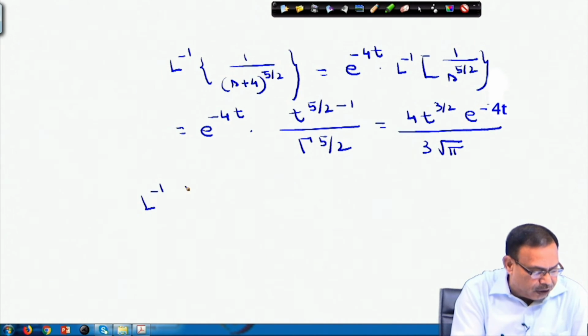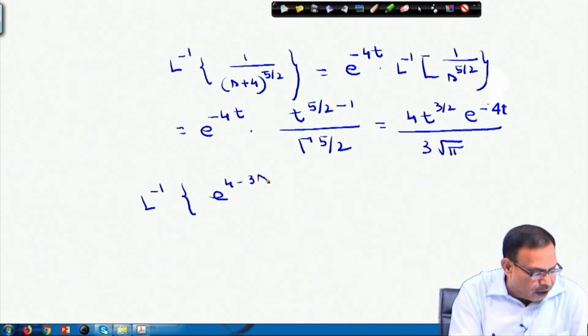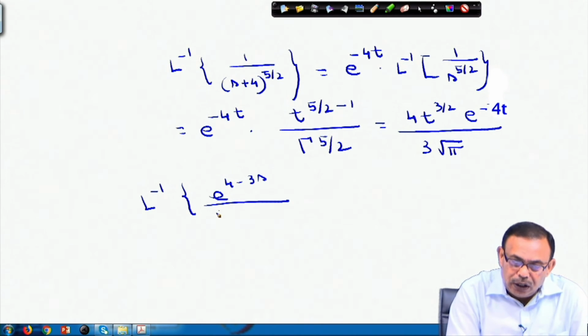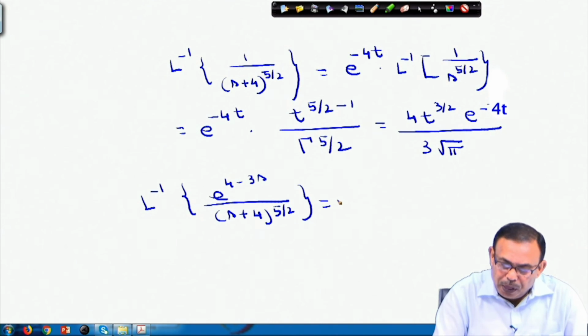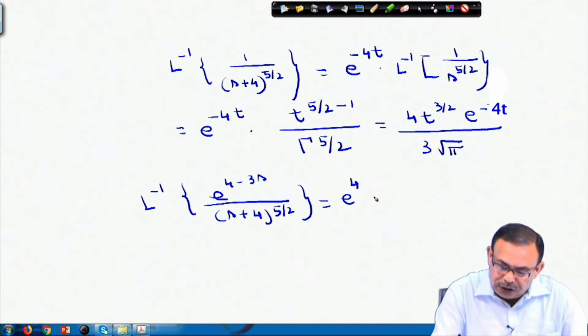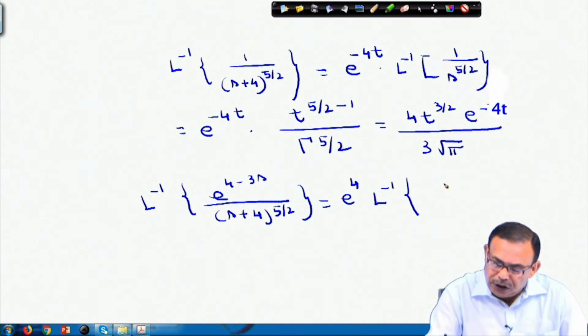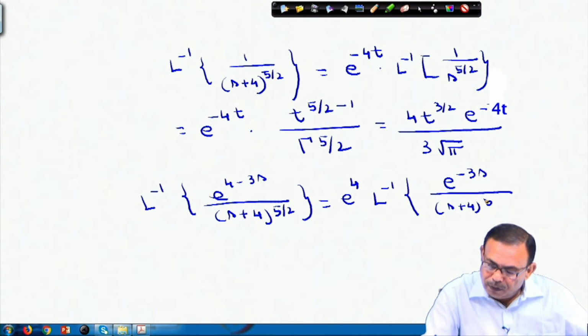Therefore, Laplace inverse of e power minus 3 s by s plus 4 whole to the power 5 by 2. Again using the property, you can write down e power minus 3 s, and this equals L inverse of e power minus 3 s by s plus 4 to the power 5 by 2.